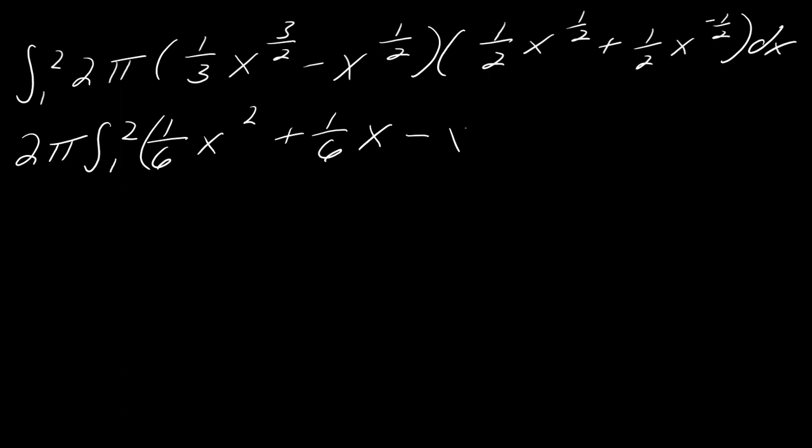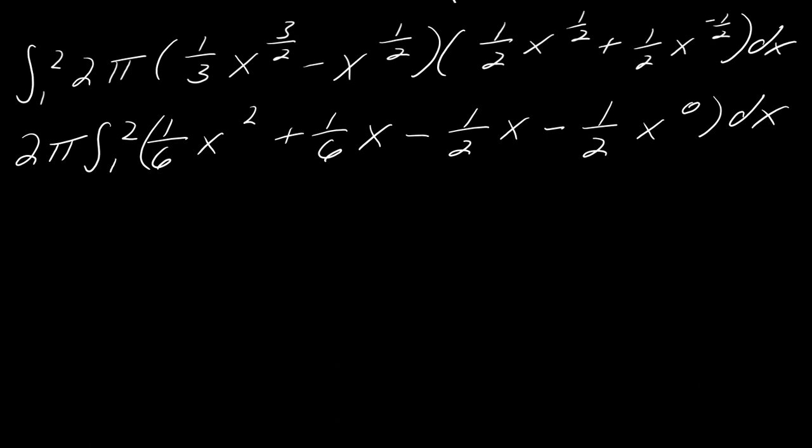Then I have minus x, let's see, minus 1/2 x, just 1/2 x. So I take this times this, so that's negative 1/2, and then 1/2 plus 1/2 is 1. Okay, and then finally, minus 1/2, this will come out to be x to the 0.